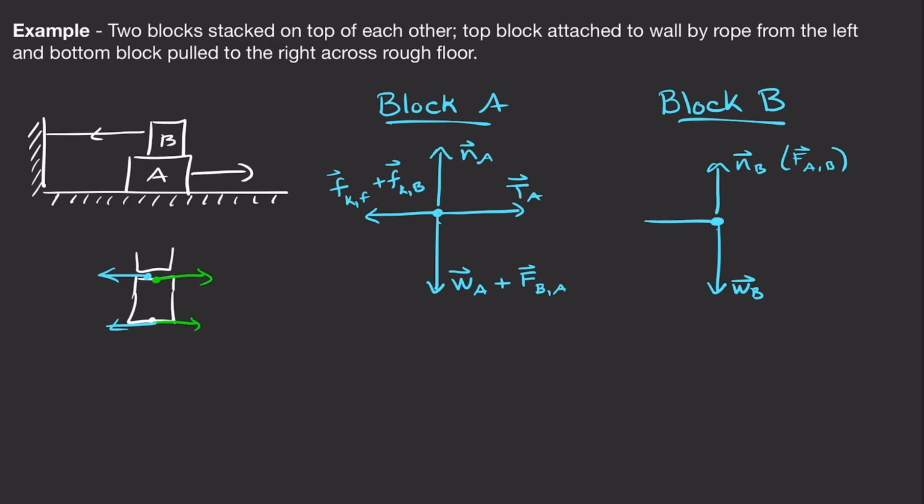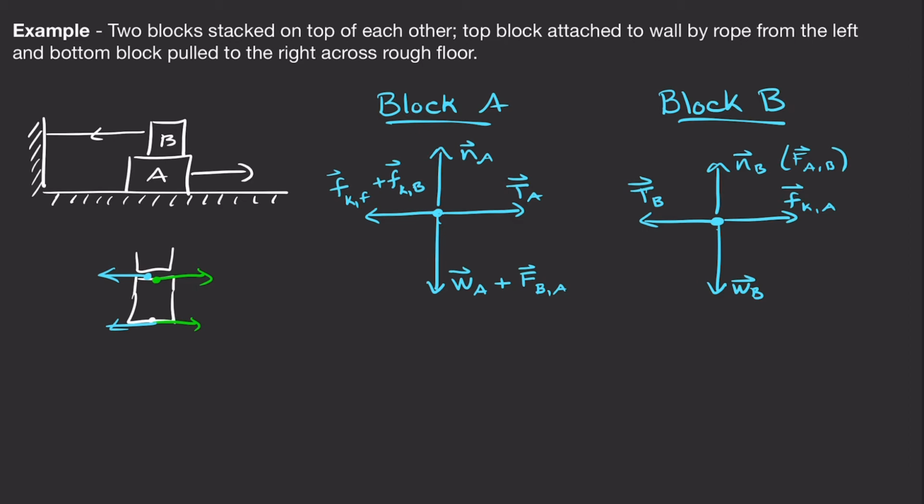And then B is being pulled to the left. Not only that, since there's friction on A due to B to the left, there must be friction on block B to the right due to A.